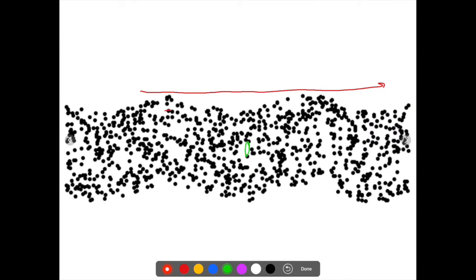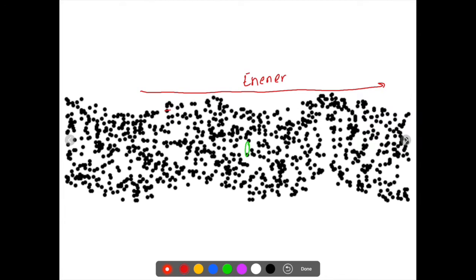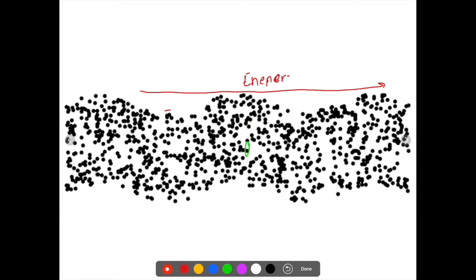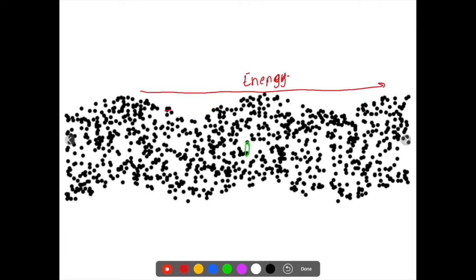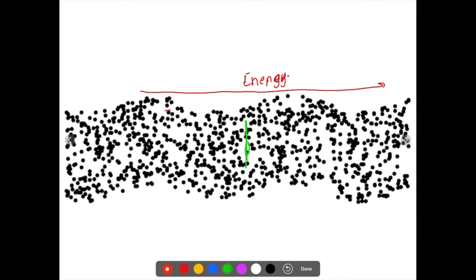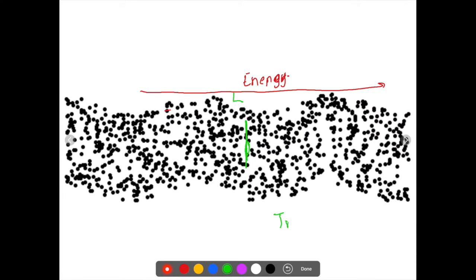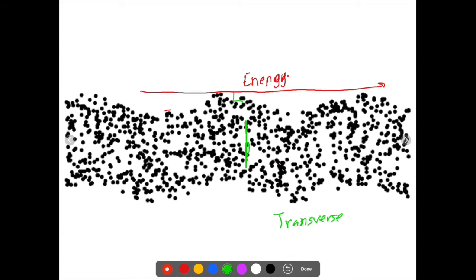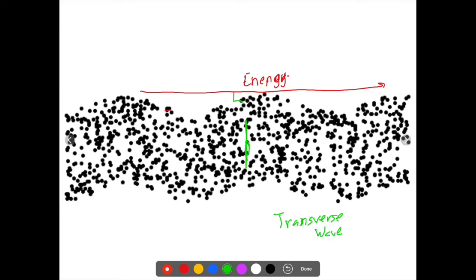A transverse wave is when the energy of the wave is moving one way, and then the particles in the medium are moving perpendicular to that energy. That is a transverse wave. So when we talk about transverse waves, that's what we're talking about.